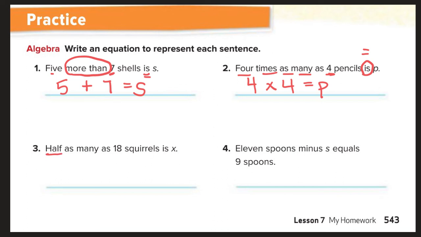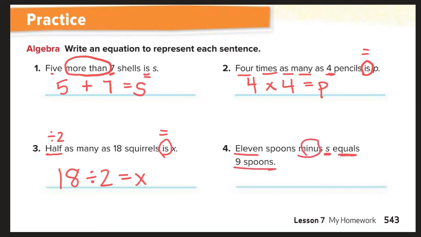Half. If I'm finding half of something, I am dividing it by 2. Half as many as 18 squirrels is X. So that means I'm supposed to do 18 divided by 2 is X. 11 spoons minus S equals 9 spoons.